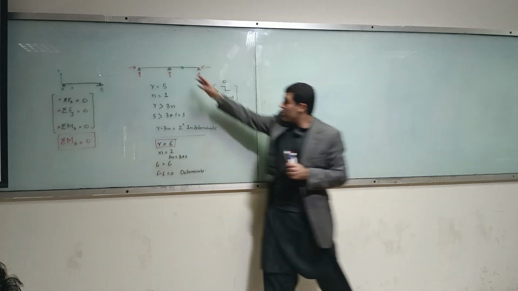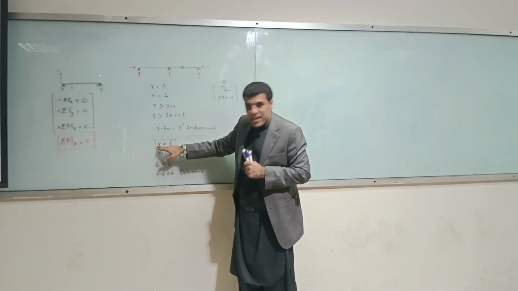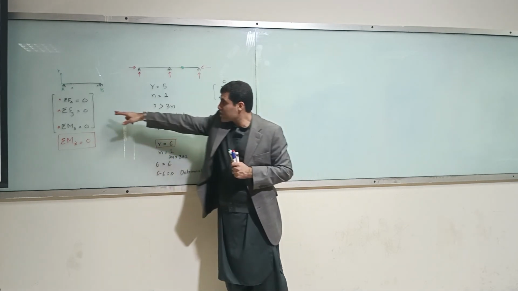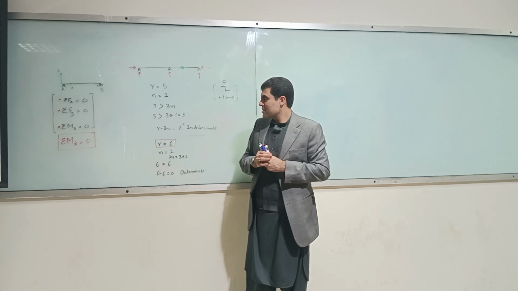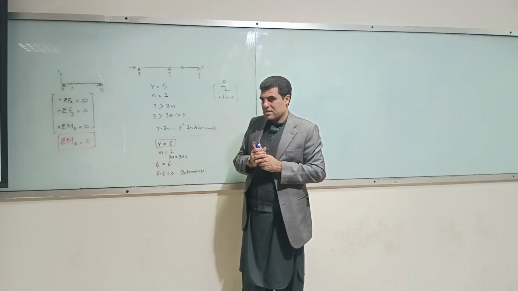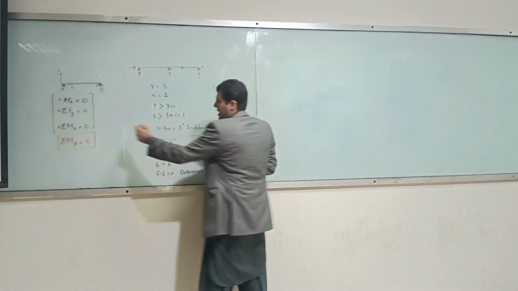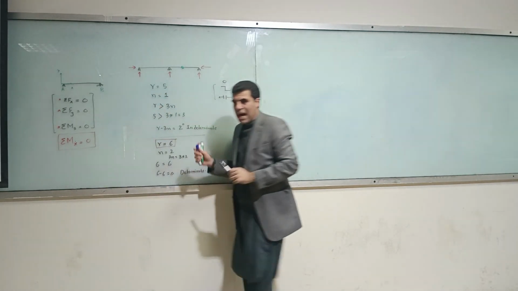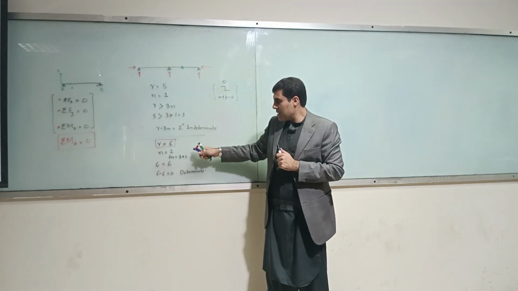The moment is 0, that's true, but these are unknown reactions. Moment 0 is an additional equation. The moment, this one gives you an additional equation. So how will this become 0?